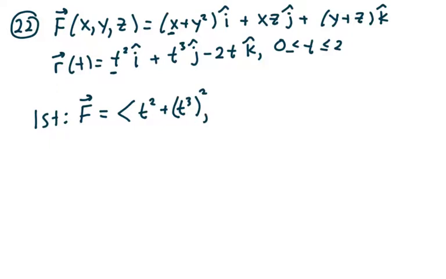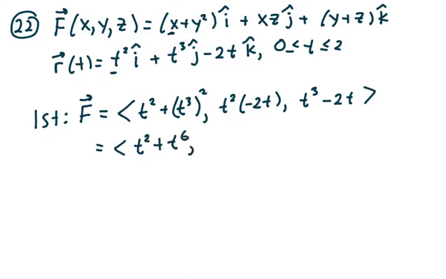The second component, I'm going to get x, which is t squared, times z, which is negative 2t. And then the third component will be t to the third, that's y, minus 2t, that's z. Okay, and if I go a little bit further, I get t squared plus t to the 6, negative 2t to the third, and t cubed minus 2t.